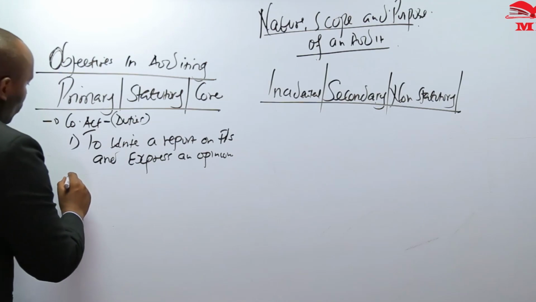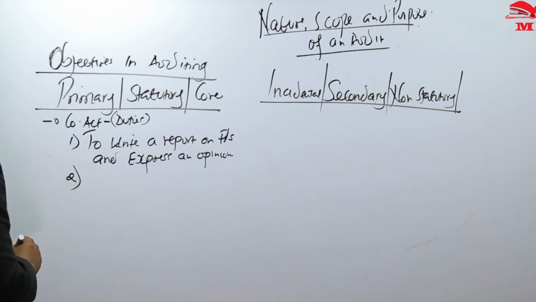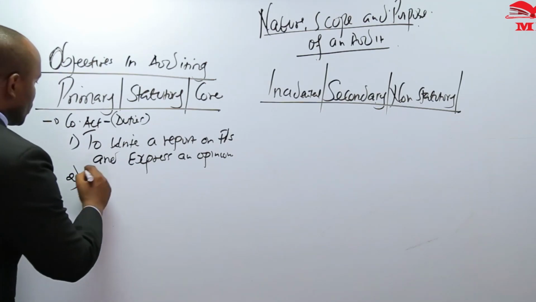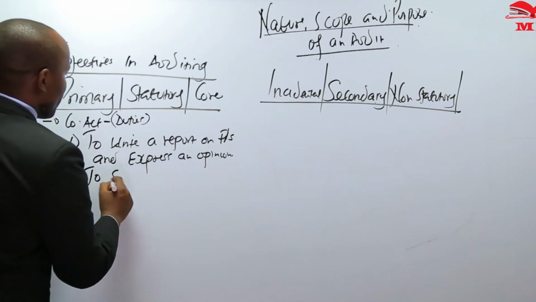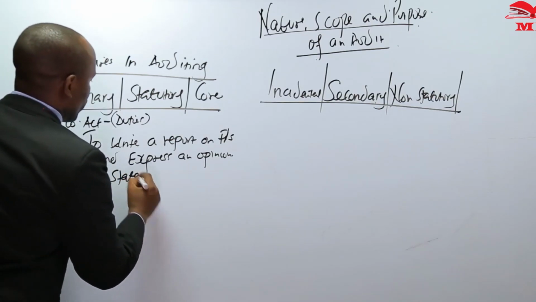Then the second objective, which is also derived from the Companies Act, is to state the following matters in the report.